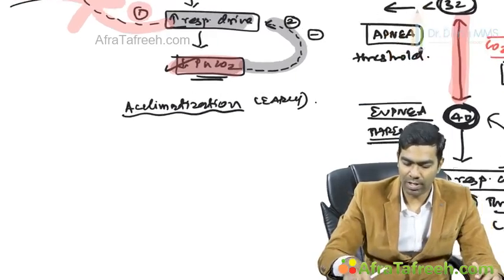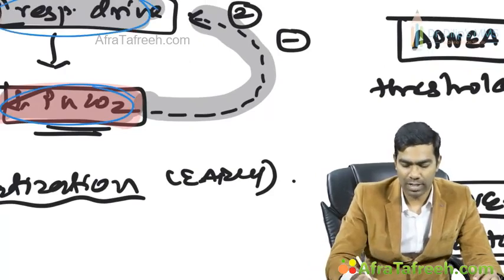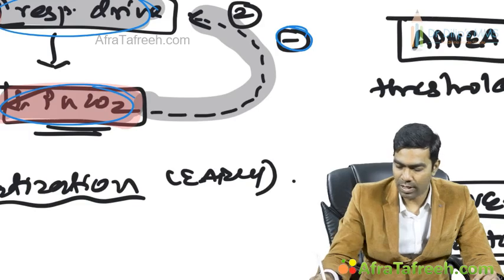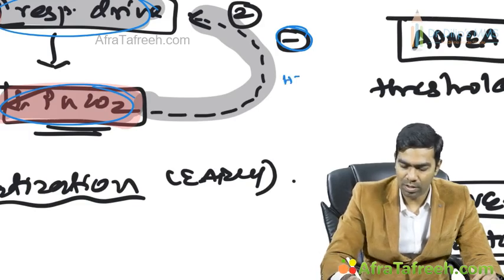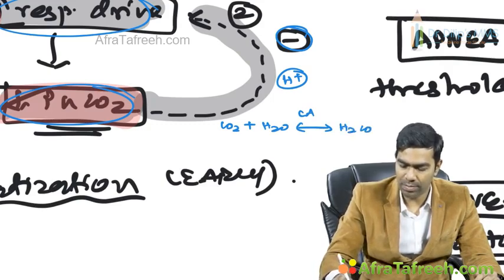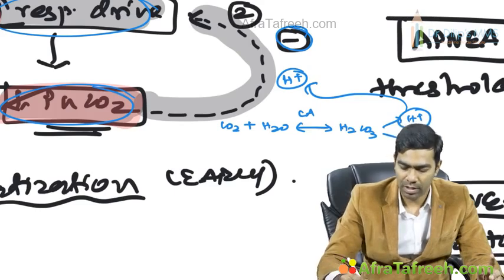First, you have to understand this mechanism. How is low PaCO2 inhibiting this respiratory drive? Whenever PaCO2 is there, the sensing mechanism is through H+ only, because CO2 with the help of water and an enzyme called carbonic anhydrase forms H2CO3, which immediately breaks to form H+ and HCO3-. Clear? This H+ is the one that is detected by the brain and the chemoreceptors.